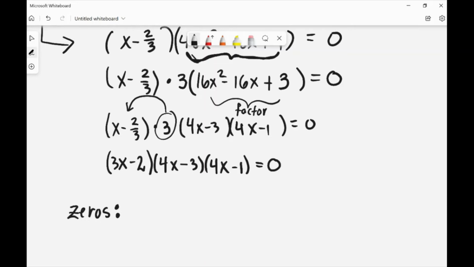Next, 3/4. And 1/4. All right. So again, to find zeros, you set all your factors equal to 0 and you solve for x.